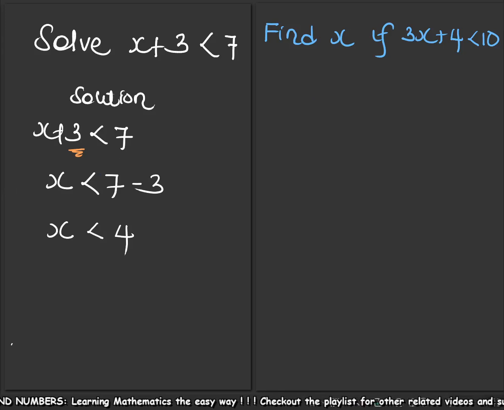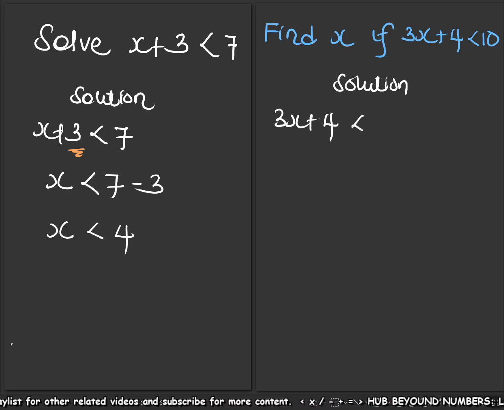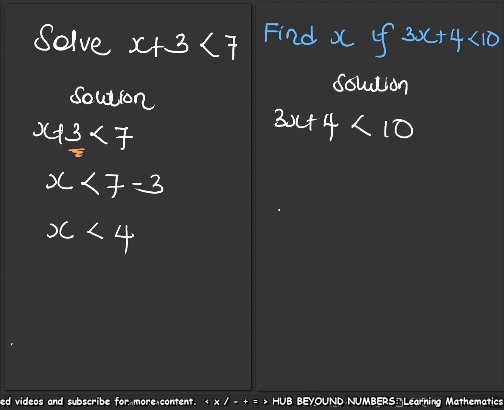For this second question, we have to find x if 3x plus 4 is less than 10. We have 3x plus 4. If you already understand equations, you can pause and try solving it to test your understanding.